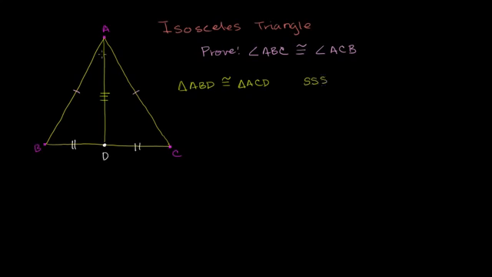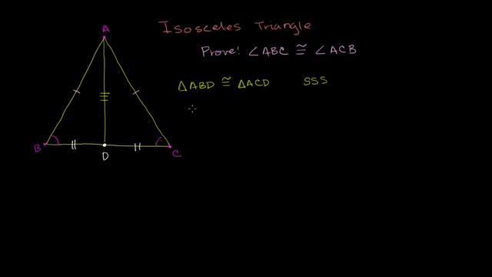If you have two triangles that have three sides that are congruent, or they have the same length, then the two triangles are congruent. And what's useful about that is if these two triangles are congruent, then their corresponding angles are congruent. And so we've actually now proved our result, because the corresponding angle to ABC in this triangle is angle ACD in this triangle right over here.